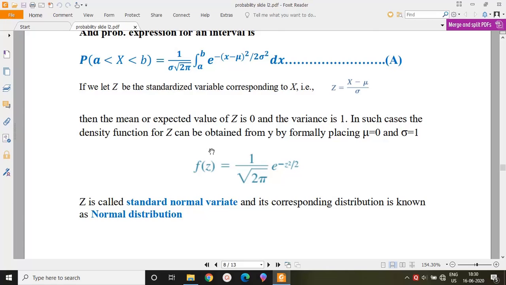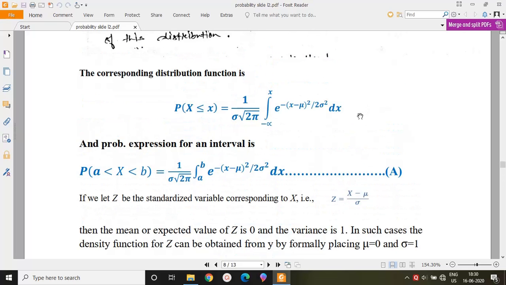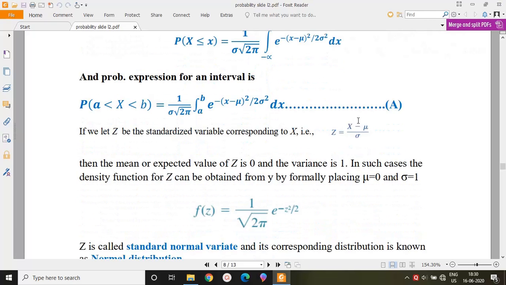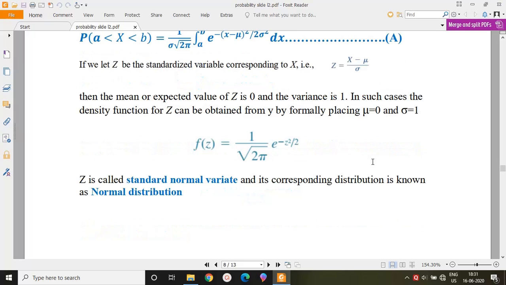And now your mu becomes 0 and sigma equals 1. That is, if you substitute the variable z equals (x minus mu) by sigma in the expression for the probability distribution function of Gaussian distribution, the system goes into the variable z, and interestingly it goes to a new distribution whose mu equals 0 and standard deviation is 1.